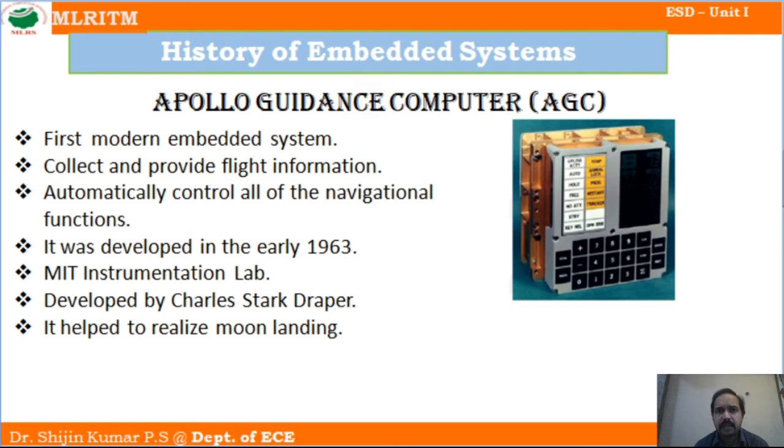In the previous days, the ICs were invented in 1958, but they were not used in embedded systems until 1965. Previously we were using the normal type of embedded system. The first modern embedded system that we can identify is the Apollo guidance computer.